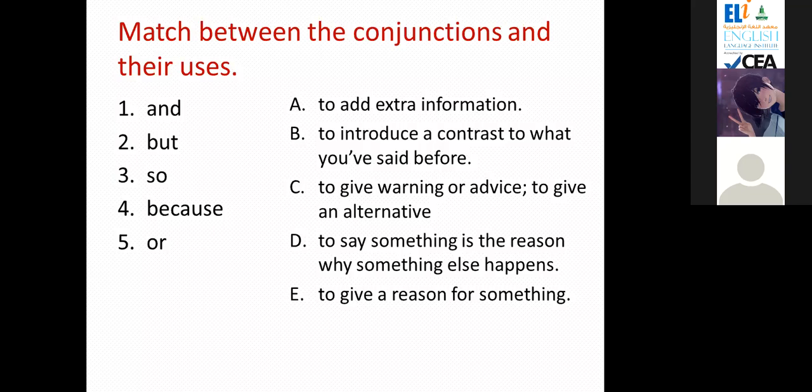To say something is the reason why something else happened. Excellent. What about because? Because is to give a reason for something. What about or? To give warning or advice, or to give an alternative.